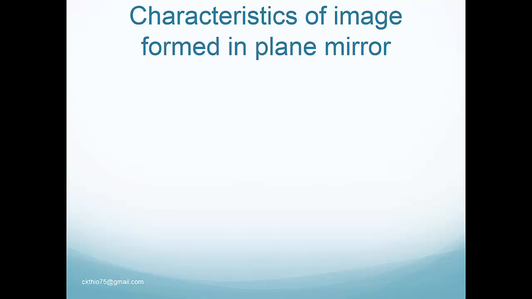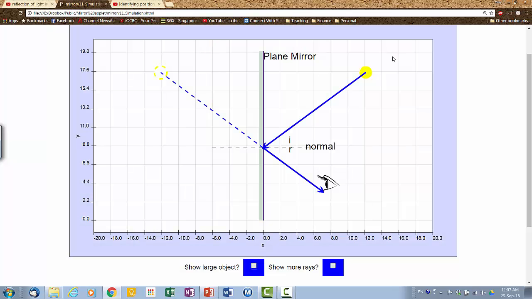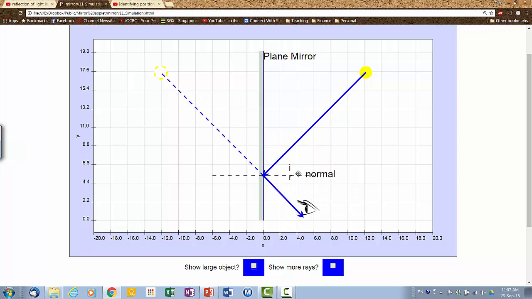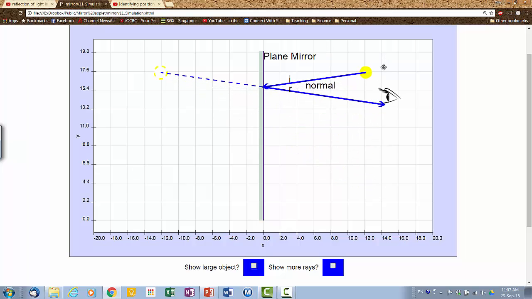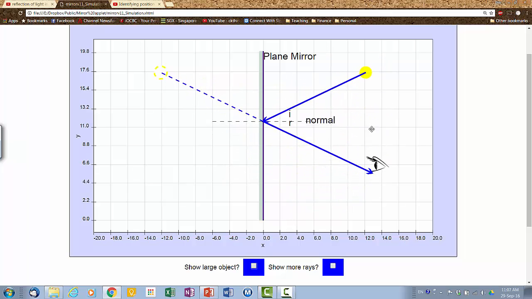So, characteristics of an image formed in a plane mirror. This is a simulation. You find that this is the picture we showed you just before, the object, and then this is the eye. One thing about the characteristics of the image is that no matter where you move the eye, the image would always be in the same position, over here, even if you shift the position of the eye.